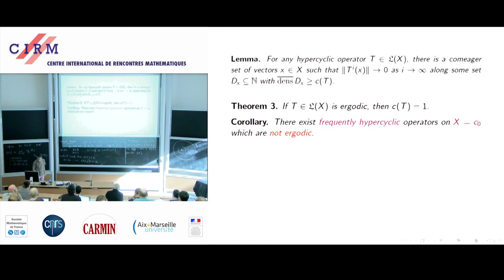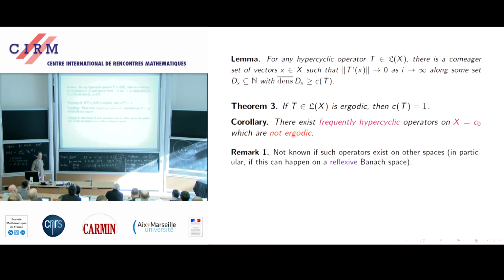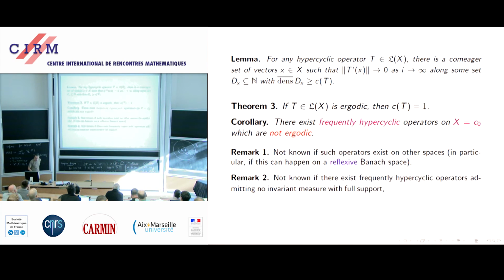The first one is that we do not know if you can do this on other spaces. And in particular, on reflexive spaces, we do not know if it is possible to do that. And the second remark is we do not know either if there exist FHC operators which have no invariant measure with full support.